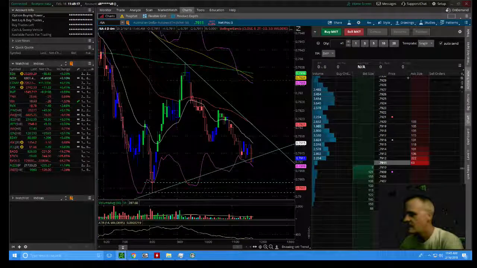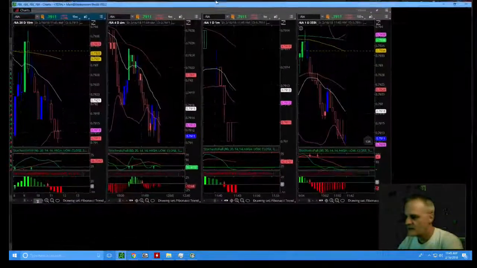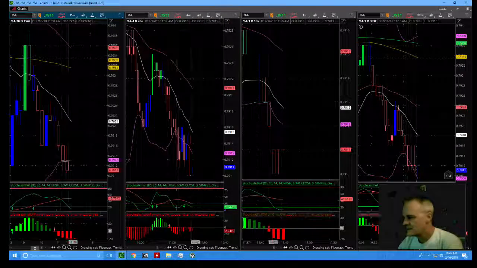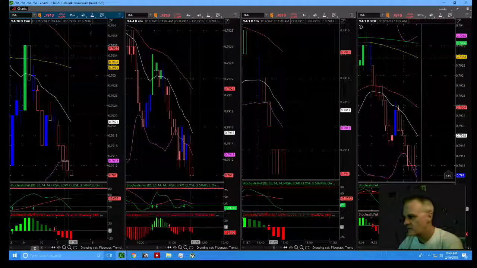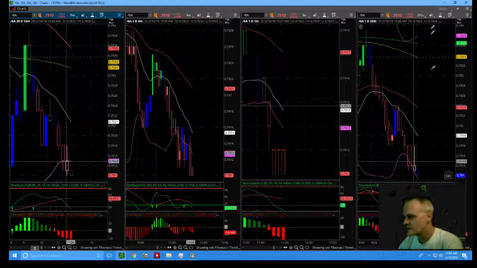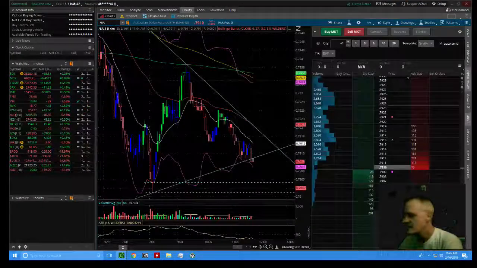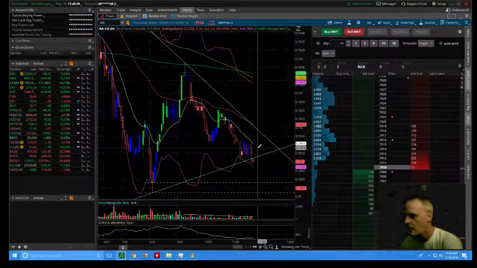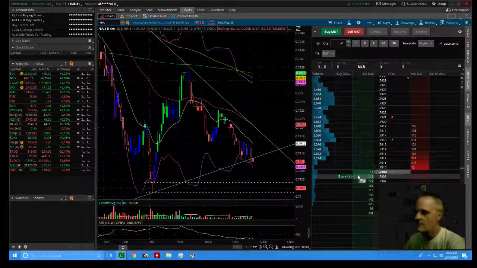Now the problem I have is, if I look at stochastics, I see this and I say, okay, that doesn't look like a very powerful move to the downside shaping up. It looks like there's going to be a little bit of a retracement, possibly even crossing back up over that trend line. So now may not be the time.